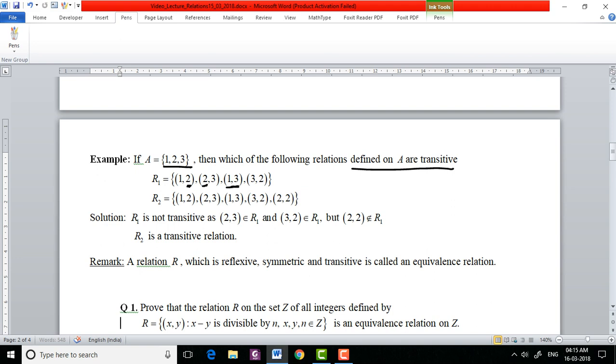So we can say that this is fine, but we need to check for all the elements present in this relation. For (2, 3) belonging to R1 and (3, 2) belonging to R1, we need (2, 2) for this relation to be transitive in nature, but (2, 2) is not present in this relation, so this is not transitive.